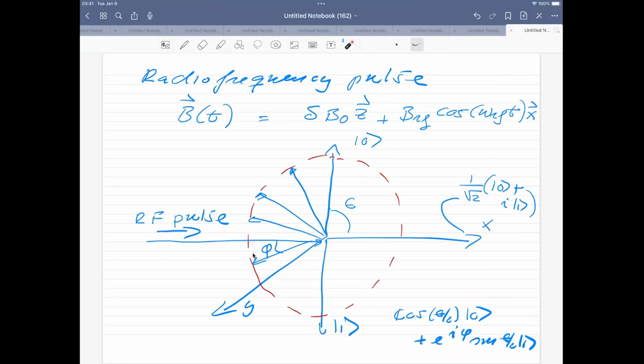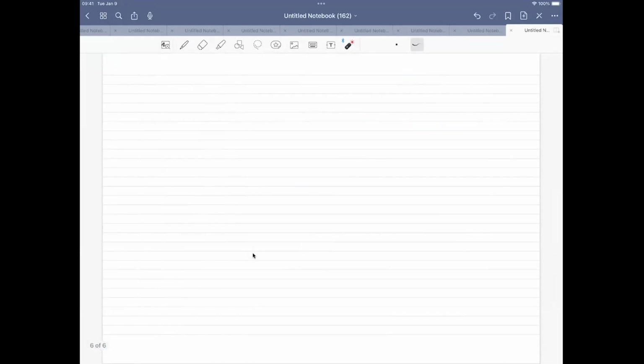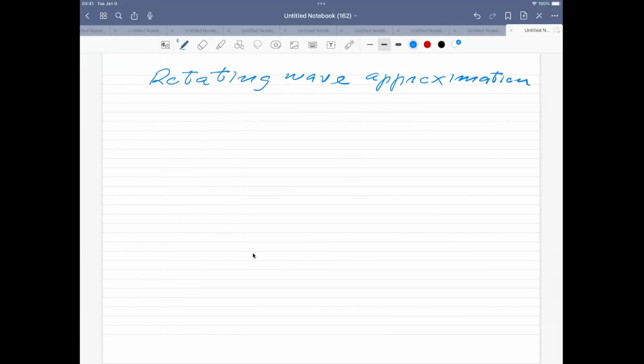Now, what is often done when you do this type of operations is that you use something which is called the rotating wave approximation. So I'm just mentioning these names here. So you would often fix this field. I don't want to get too much into all these kinds of details, but I wanted to give you a feeling of the kind of expressions which we are ending up with.